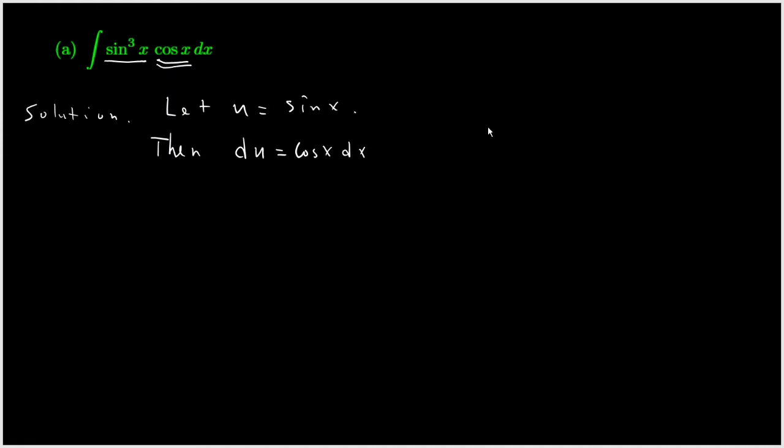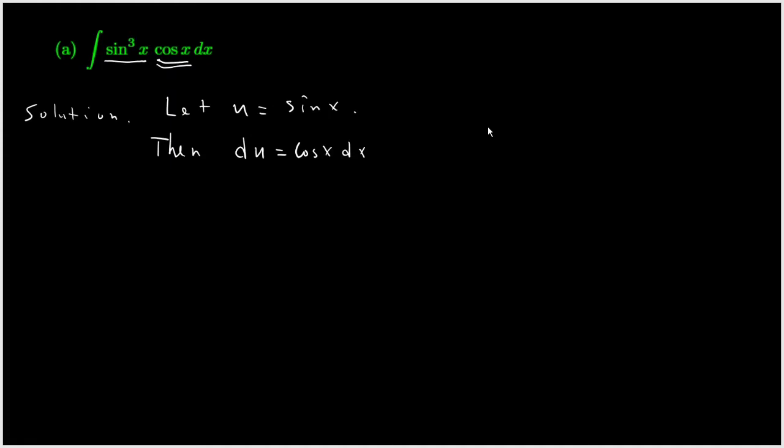After choosing u properly, the first thing you do is to compute du. After computing du, the next thing we do is to rewrite the integral entirely in terms of the new variable u.